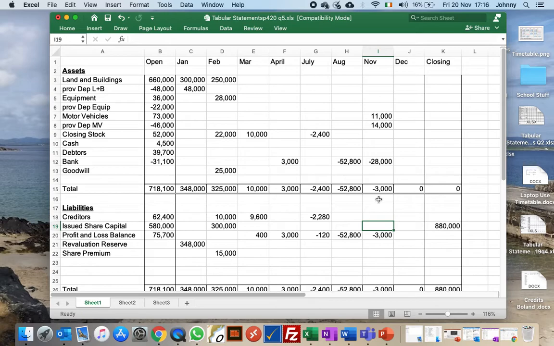Moving on to the next one. Depreciate the buildings 2% of cost per annum. Okay, so I'm going to go up to my buildings, so land and buildings, and I'm going to put this into my provision for depreciation account. Now, the buildings, remember when we did our revaluation way back, they valued the land at 60.